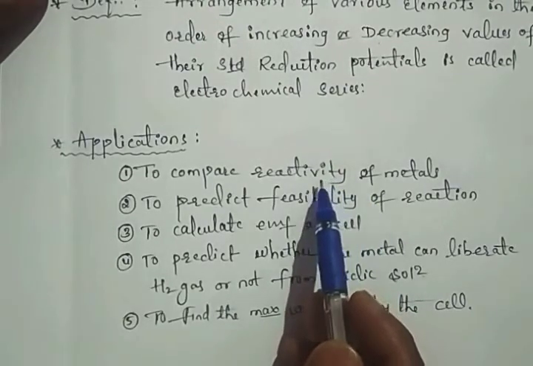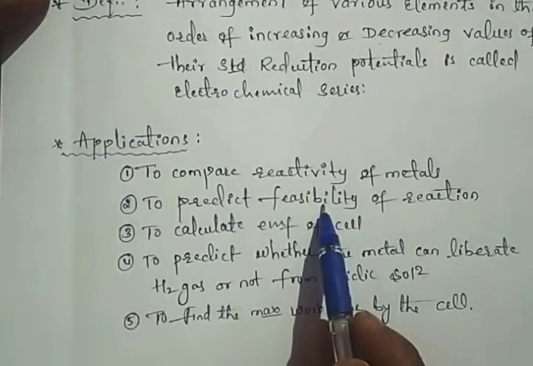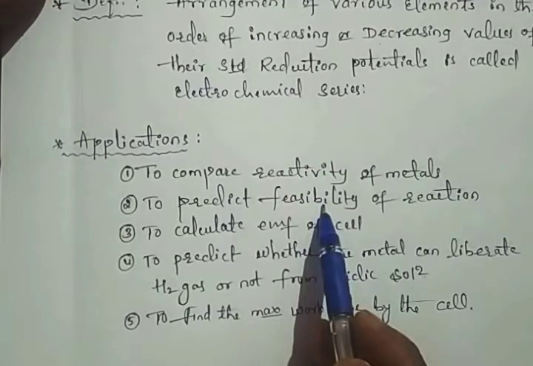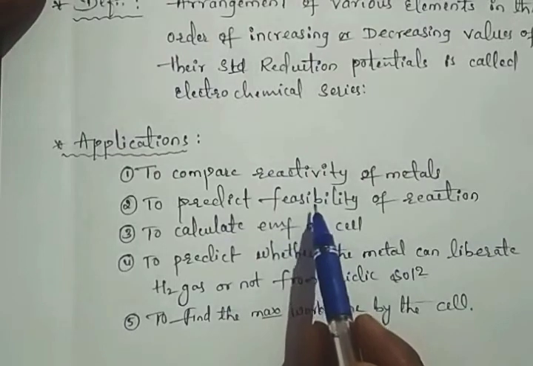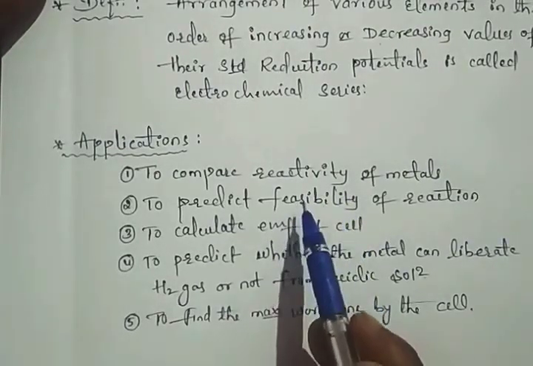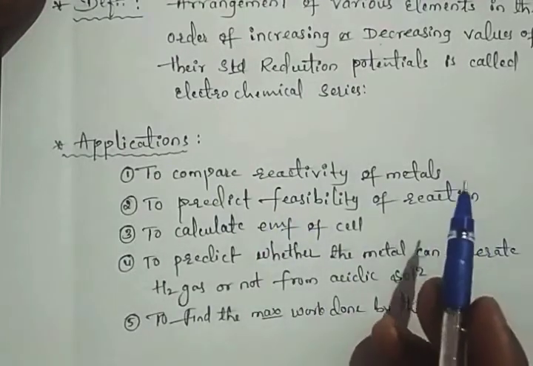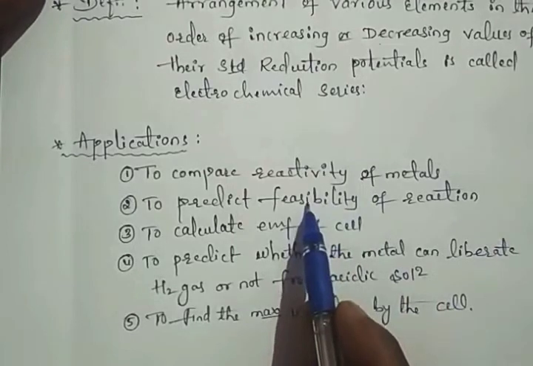And to predict the feasibility of a reaction, they will provide two reactions: which one is feasible and which is not. Feasibility means possibility, whether the reaction is possible in that direction or not.